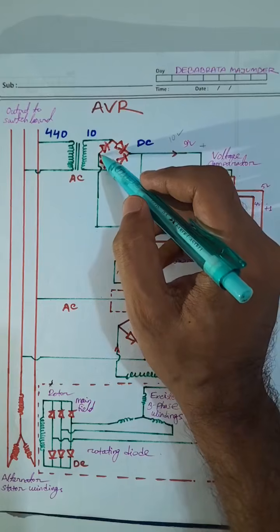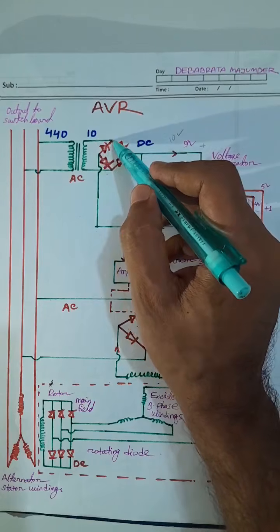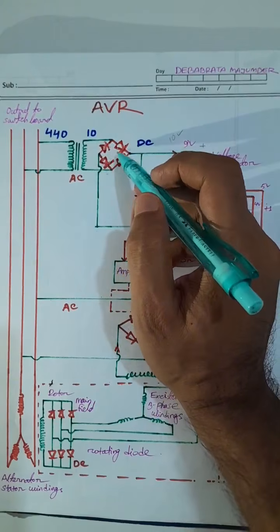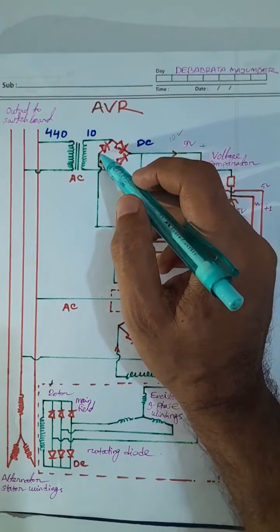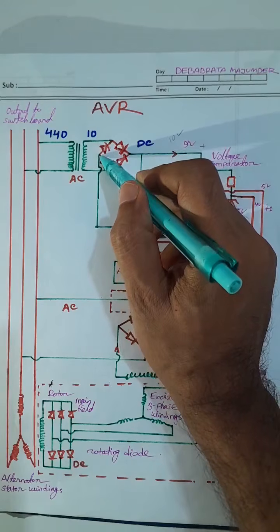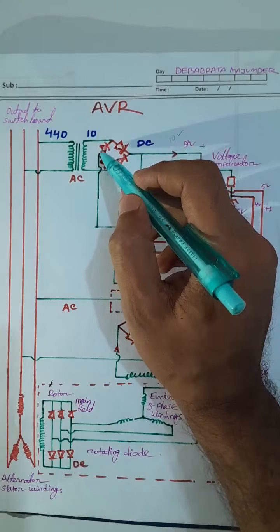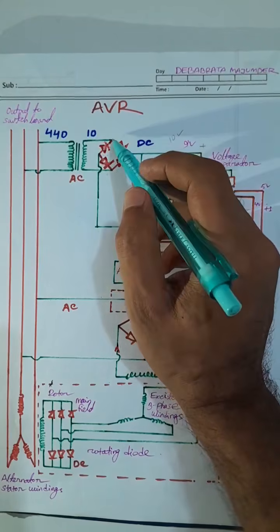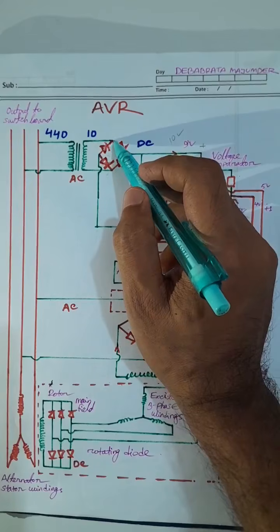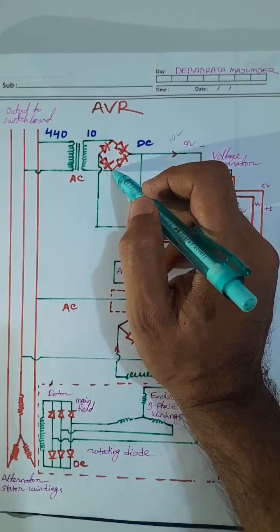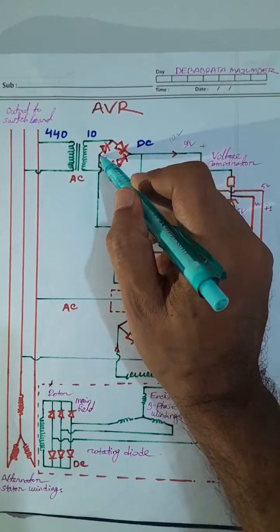Now a question may arise, why can it not go upward? The main point is that electricity flows from higher potential to lower potential. In this point this is higher potential and this point is lower potential compared to this.